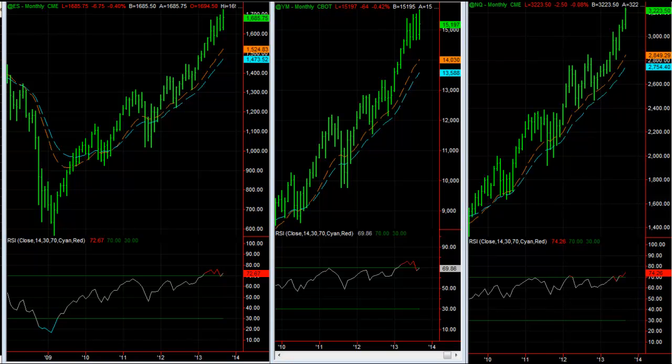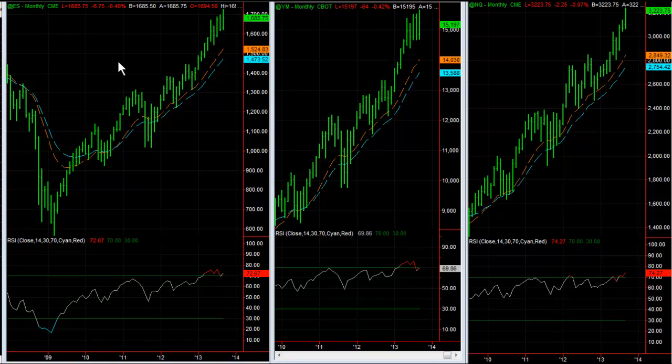Basically what you're going to do is start out with a monthly time frame for the S&P futures, the Dow futures, and the NASDAQ futures, and you can do the Russell as well. But in this example, I'm just going to do these three major indexes, starting with the monthly. I call that the macro, and then we'll go to the weekly, which is the long term.